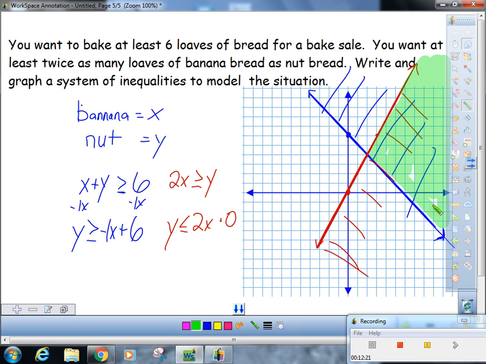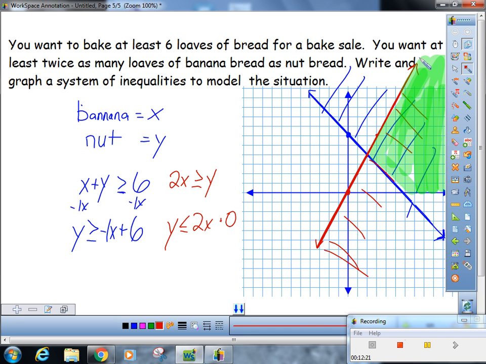Keep in mind, X was banana bread and Y was nut bread. So I don't think it would make sense to highlight this part of the graph. No. So that's our area, everything over to this side. Okay? It actually would cut out right here. But so our area would, in essence, be everything in there. But we'll get more practice on those.